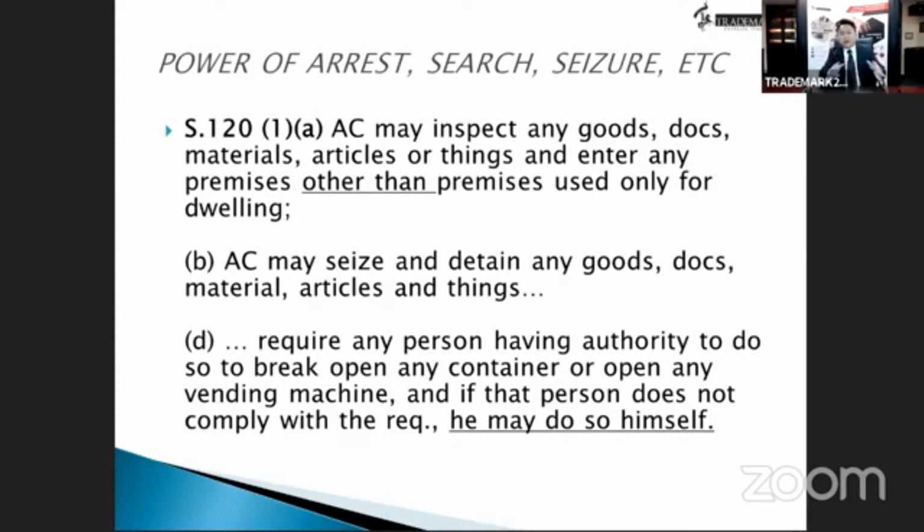They can go anywhere and seize and detain goods for investigations. And if you have vending machines or a container, he may require the person in control to open the vending machines or the container. Now, if you are not cooperating and he couldn't find that person, under the law, he has the power to open it himself. He can force open it himself.